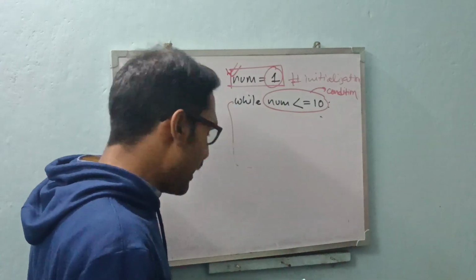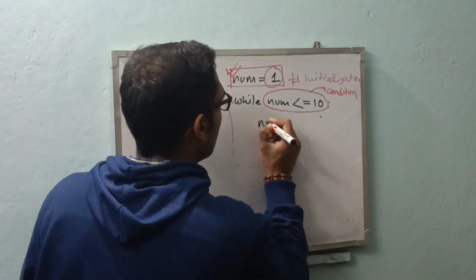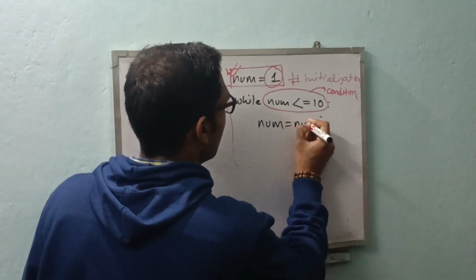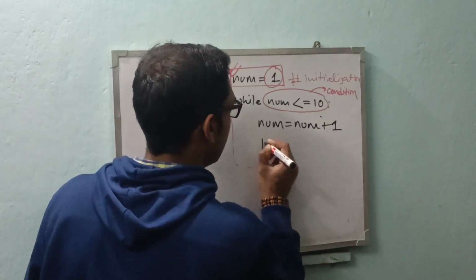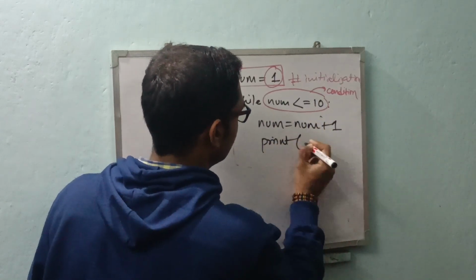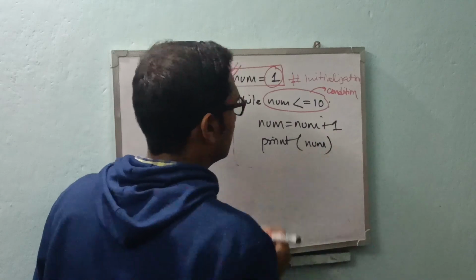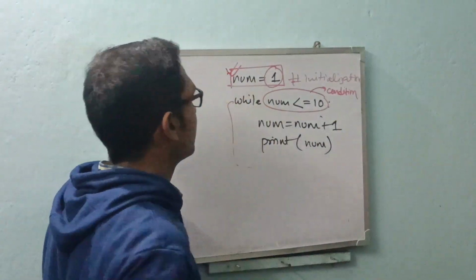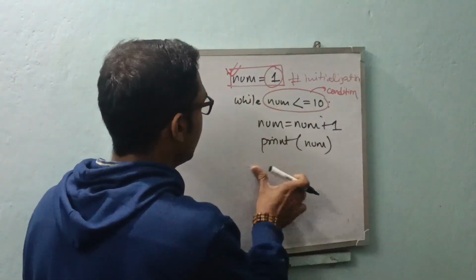Now suppose I increment the value by 1 before printing it, what would happen? Let's see. Here, try to understand. Let me execute it, each and every step.